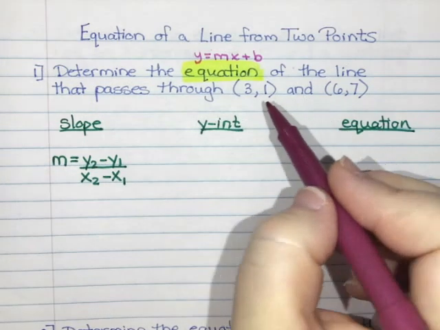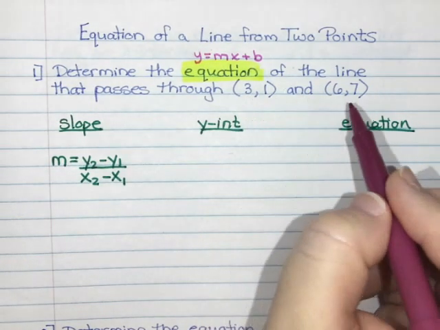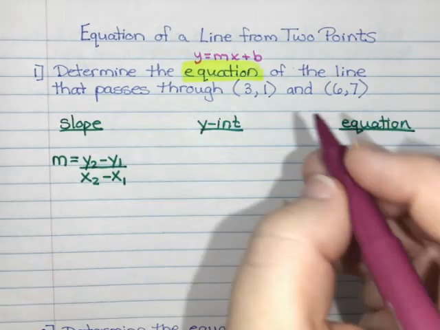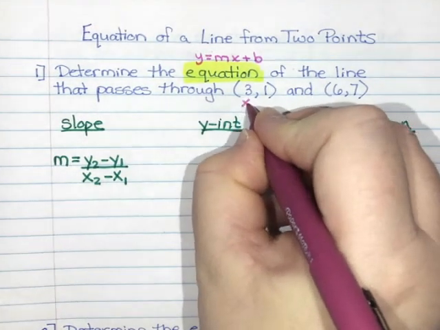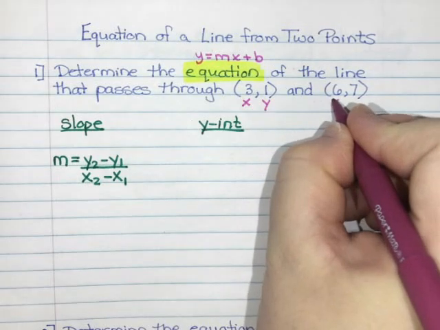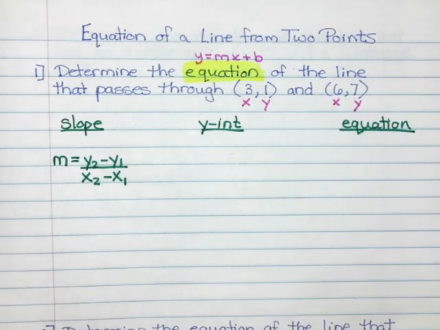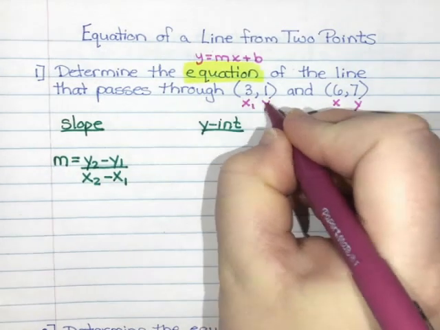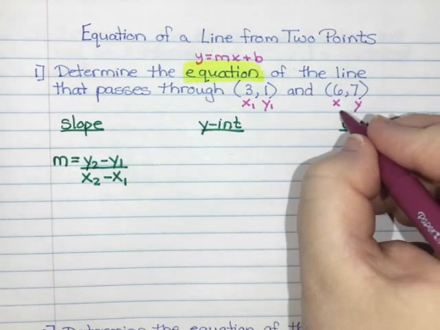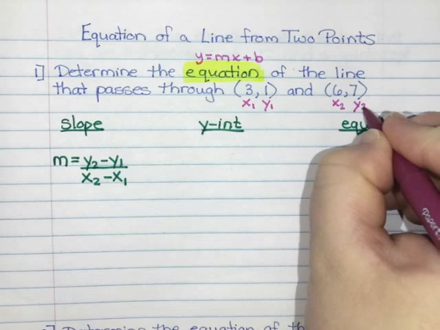So in the question I was given 2 points. I have (3, 1) and (6, 7). Every point has an x and a y. And then you have to choose one of these to be point 1 and one of these to be point 2. So I'm going to let the first one, (3, 1), be point 1. And then (6, 7), I'm going to let that be my point 2.